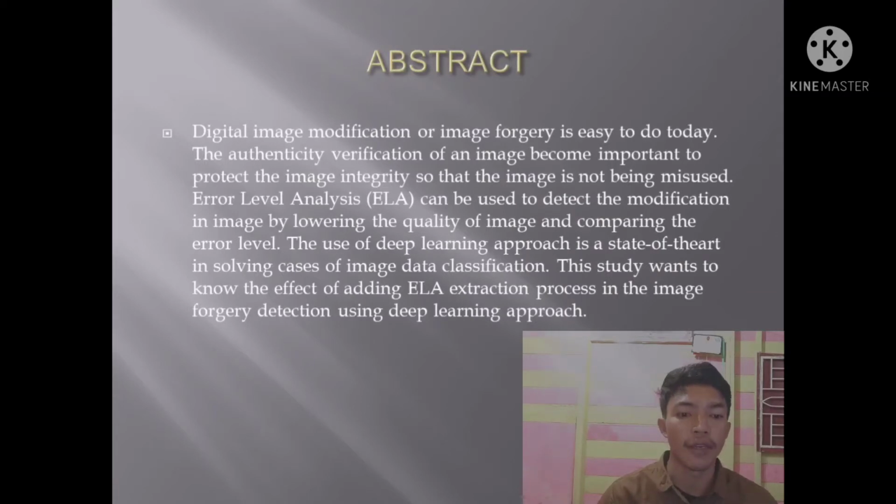The use of a deep learning approach is a state of the art in solving image data classification. This study wants to know the effect of adding the ELA extraction process in image forgery detection using a deep learning approach.